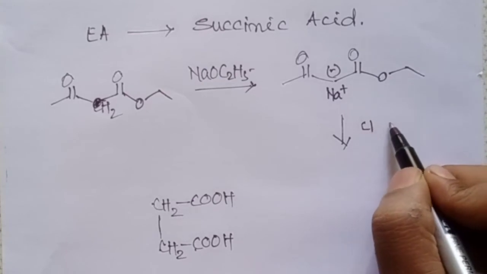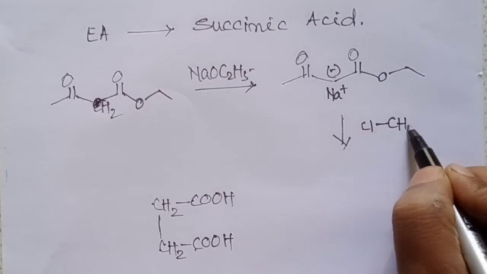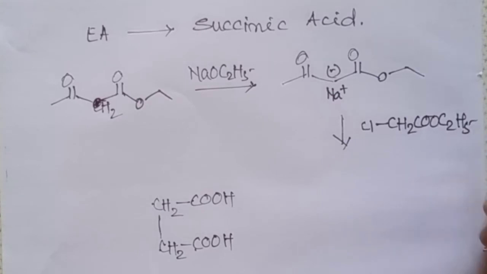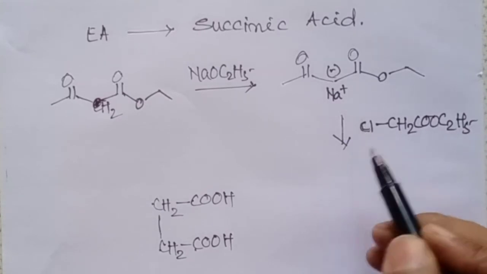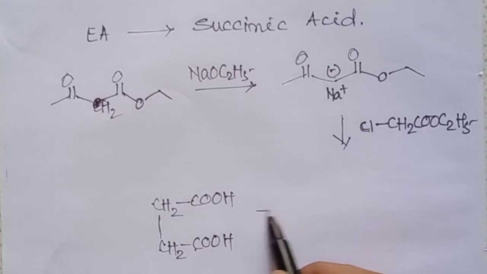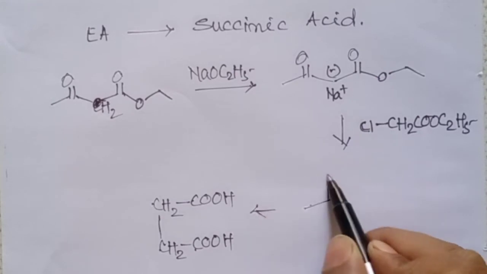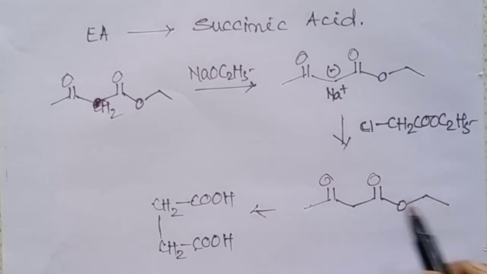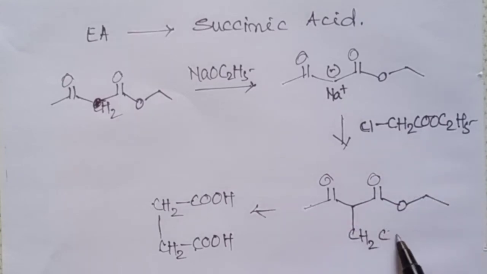So here it is the way. Give Cl followed by CH2COOC2H5. If I apply the compound, then our product will be here. It is CH2 will be here, COOC2H5.